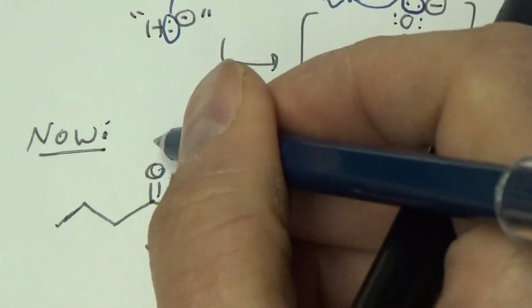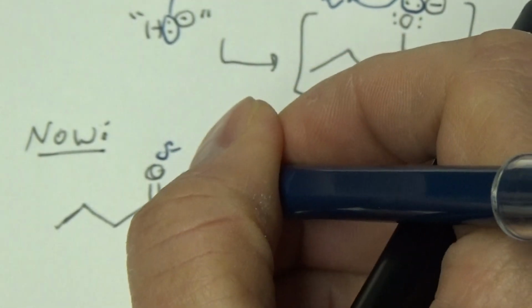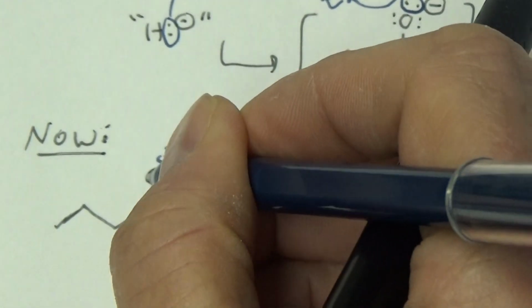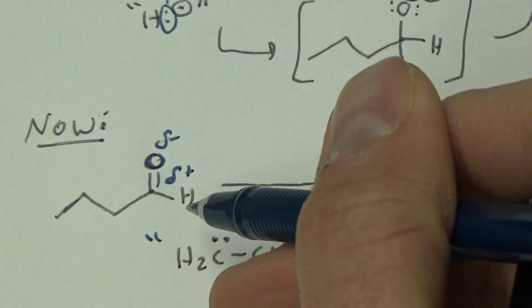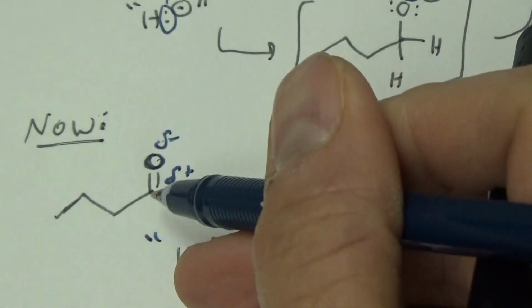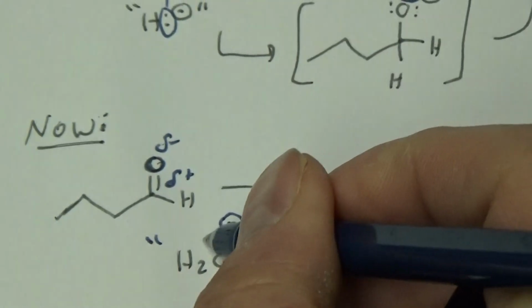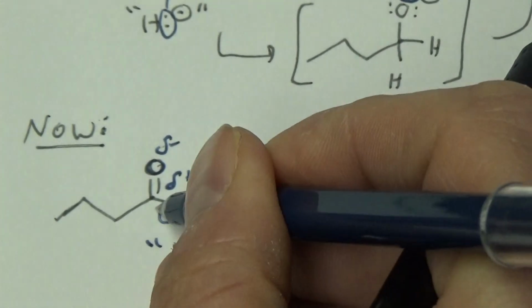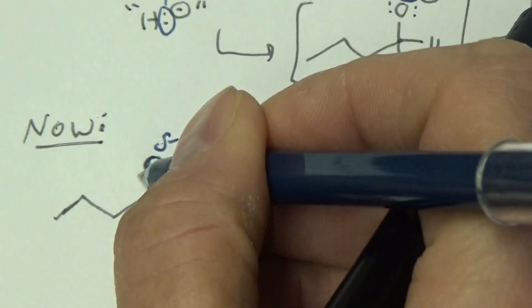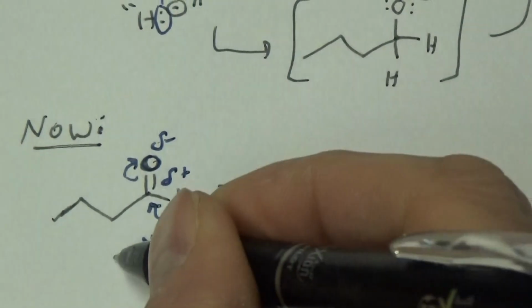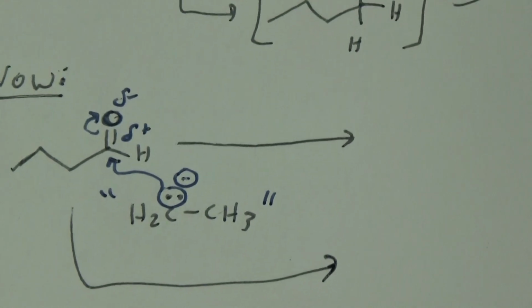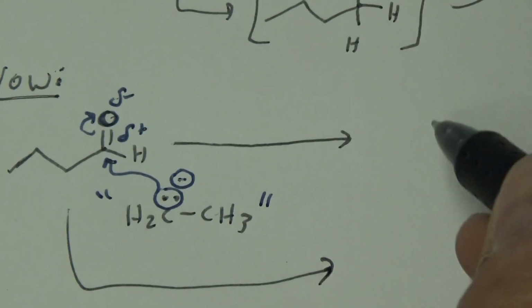Well, we have delta minus, delta plus. The carbon is delta plus, right? So this is going to attack there, kick the electrons up. I like to draw my mechanisms downward, and then we'll work our way back up.